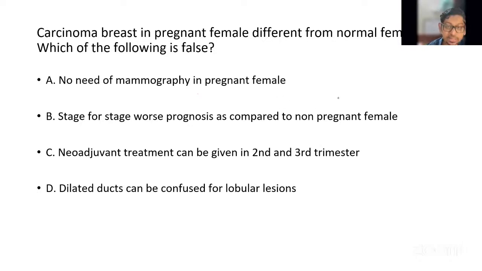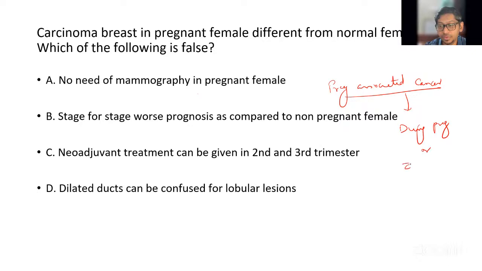So again, they are talking about pregnancy associated breast cancer. Now remember, usually in a pregnancy associated breast cancer, the definition is either the cancer arising during pregnancy or within 1 year postpartum.